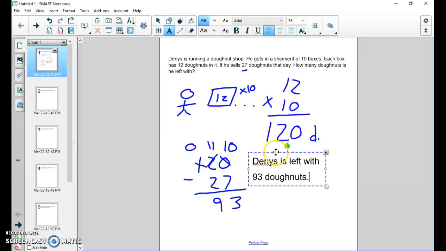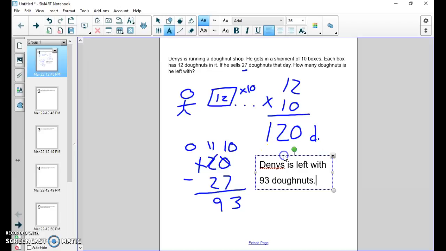And as always, it happens to the best of us, I'm going to stop and make sure that my answer makes sense. All right, so I said that he has 120 donuts to start with. He sold about 30. And he ended with about 90. Okay, that does make sense. In fact, if you want, you could check your subtraction right down here. I'm not going to do that to save a little bit of time.